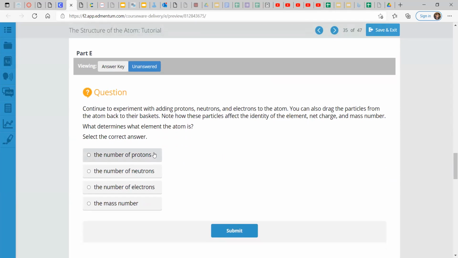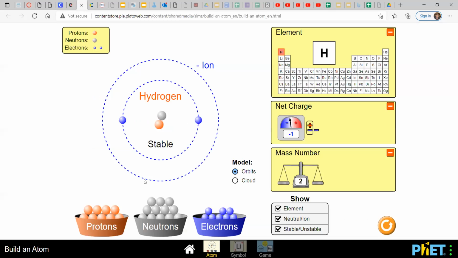Continue to experiment with adding protons, neutrons, and electrons to the atom. You can also drag the particles from the atom back to their baskets. Note how these particles affect the identity of the element, net charge, and the mass number. What determines what element the atom is? Well, it's the number of protons. To check that, just keep adding protons.